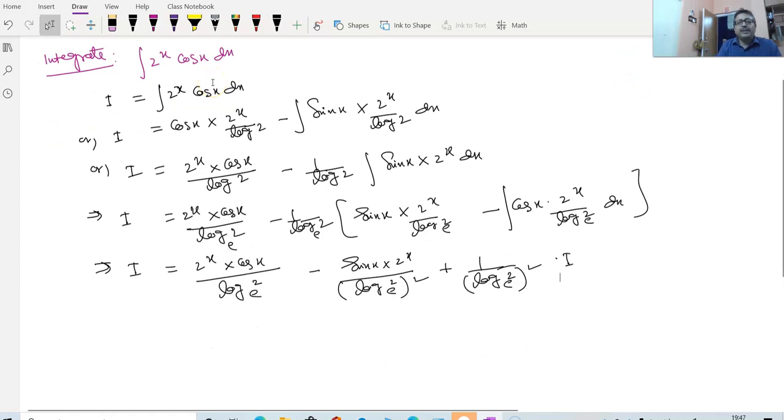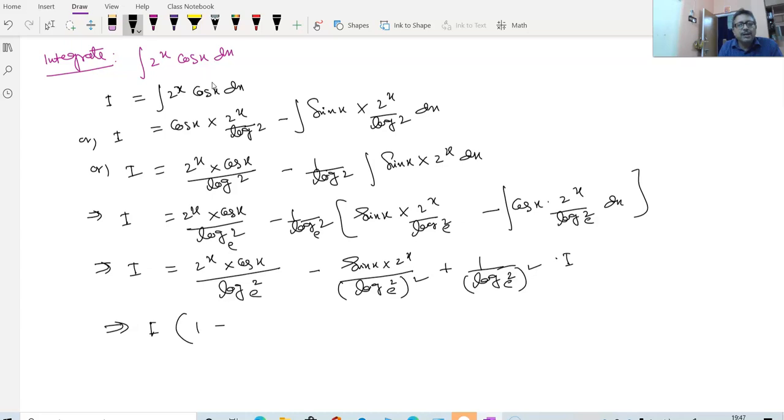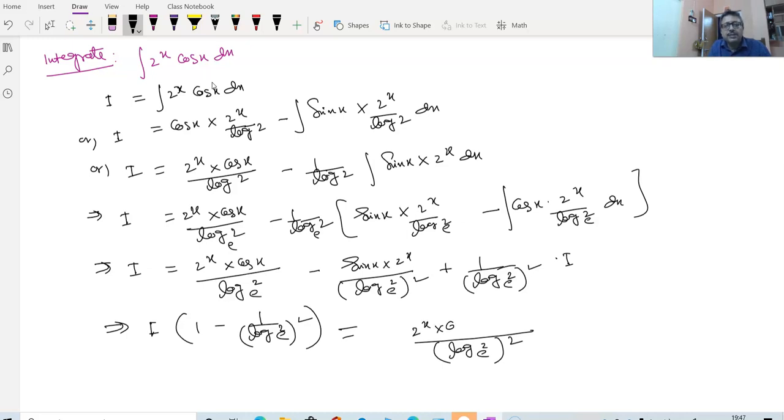So the same I you got back there, so you bring it back to the left hand side, I into 1 minus 1 by log 2 base e whole square equal to 2 to the power x into cos x, sin x by log 2 base e.